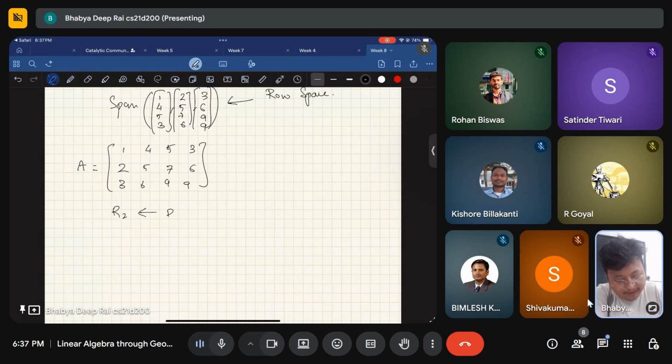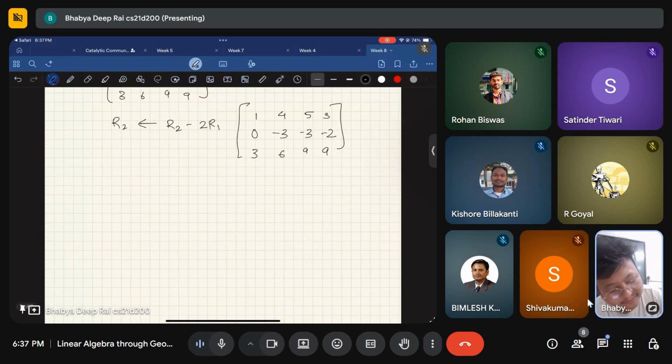R2, I do R2 minus 2R1. So what do I get? I get 1 4 5 3. I get 0, 5 minus 2 times 4 is minus 3, and here I get 7 minus 2 times 5 is minus 3 again, and 6 minus 6. Then I get 3 6 9 9.